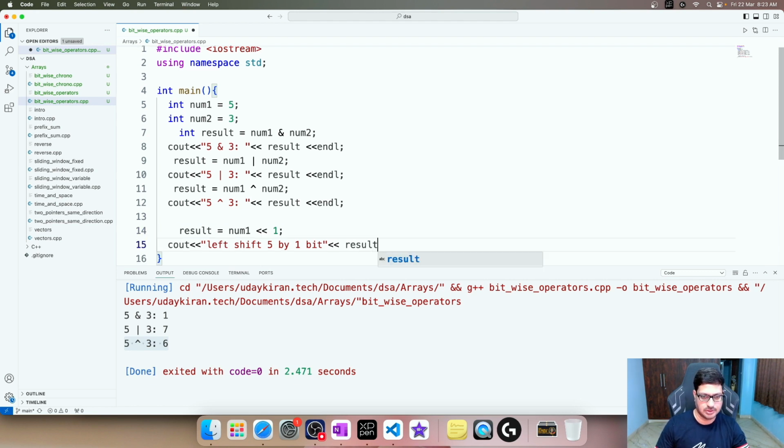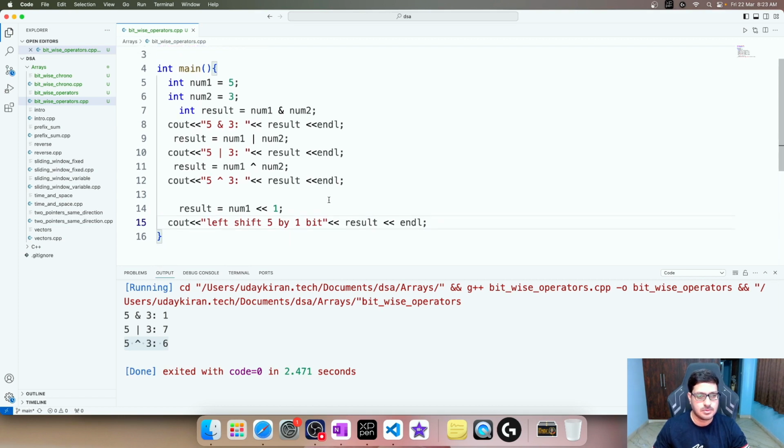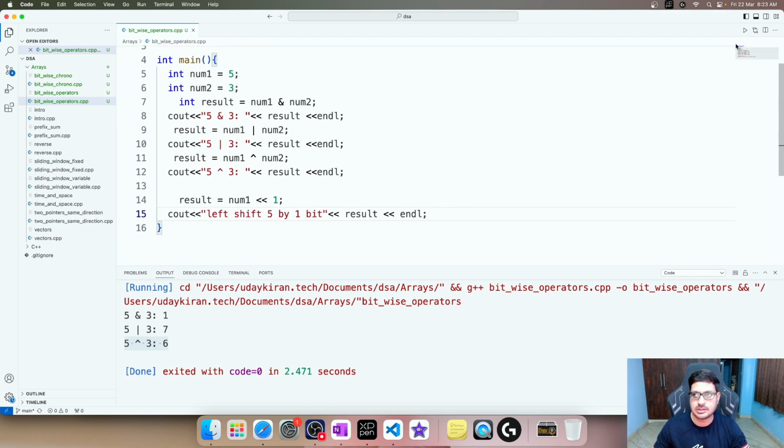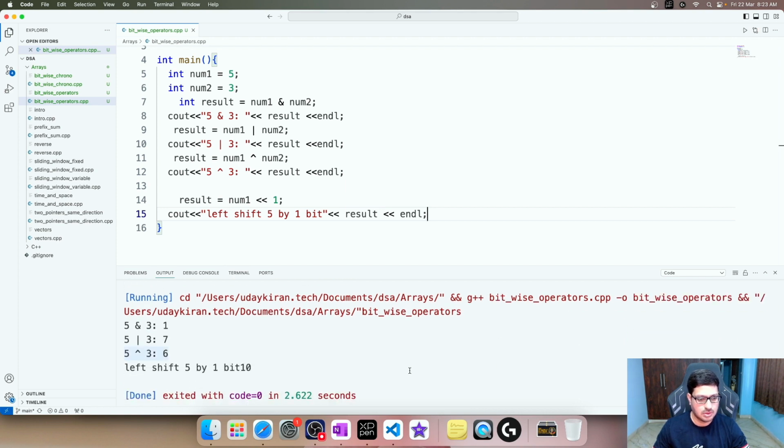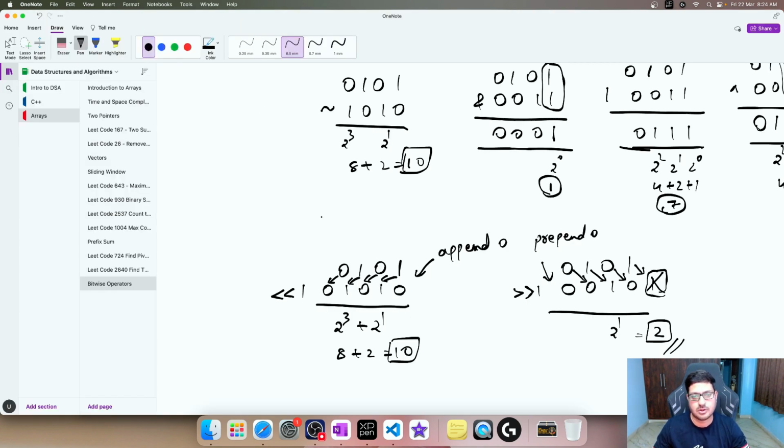And then we can print the result. Here we go. Let's see. So left shift 5 by 1 bit is 10. And that is what we got, right? We got left shift of 1 is 10. So that is how it worked.